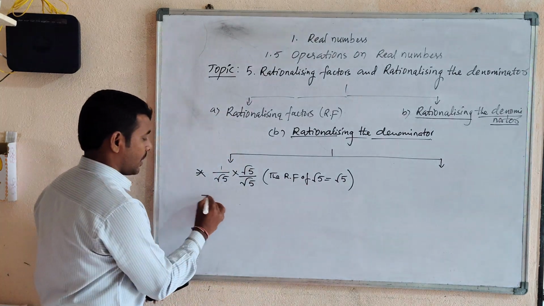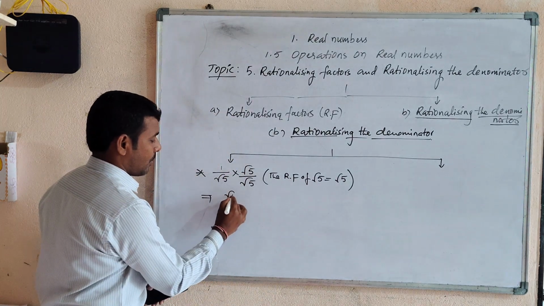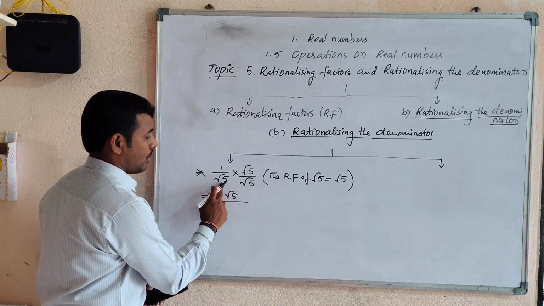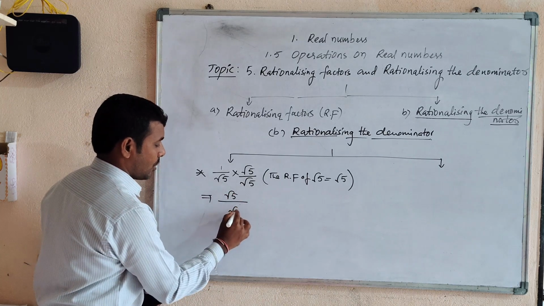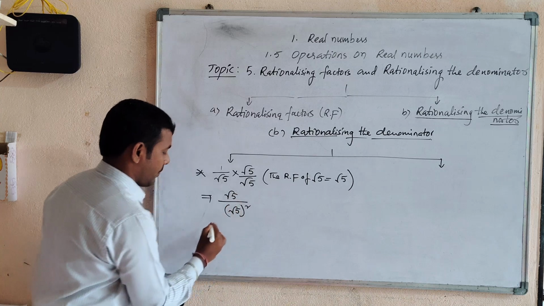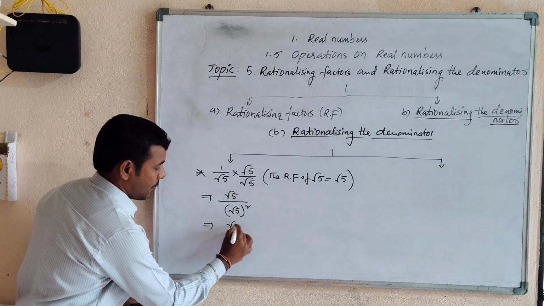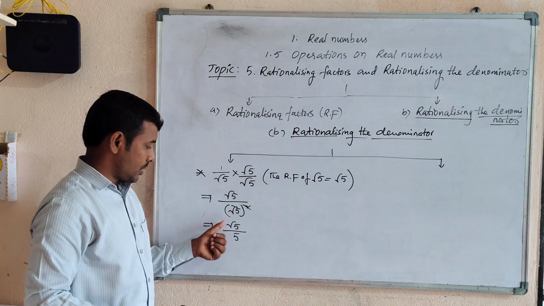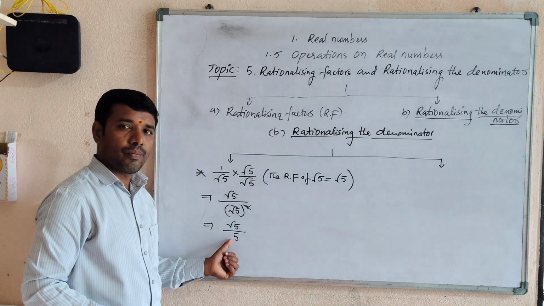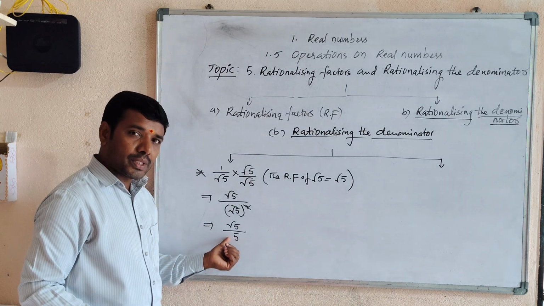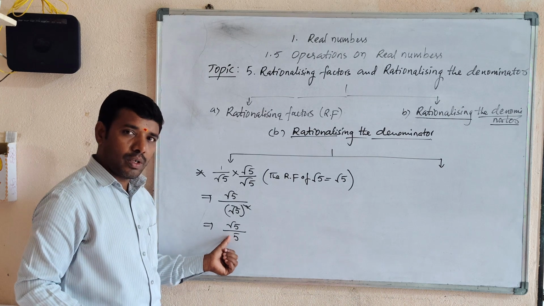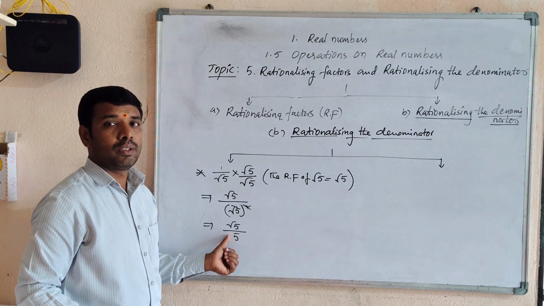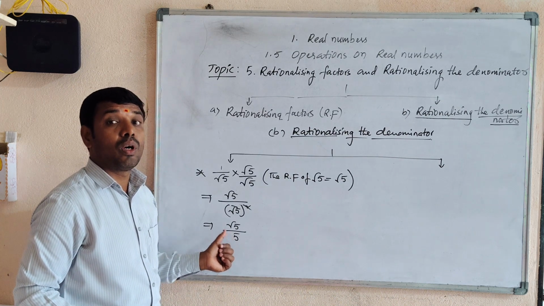Further, 1 into root 5 by square root of 5 into square root of 5, whole square. Further step, square root of 5 by 5, the square root cancels. Now we can represent this figure on the number line as well as find its value.